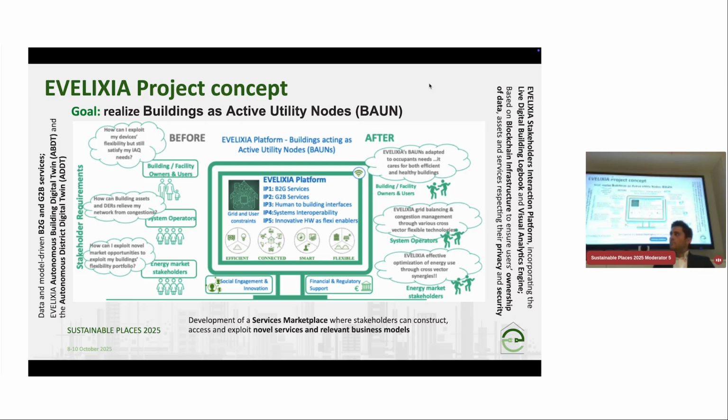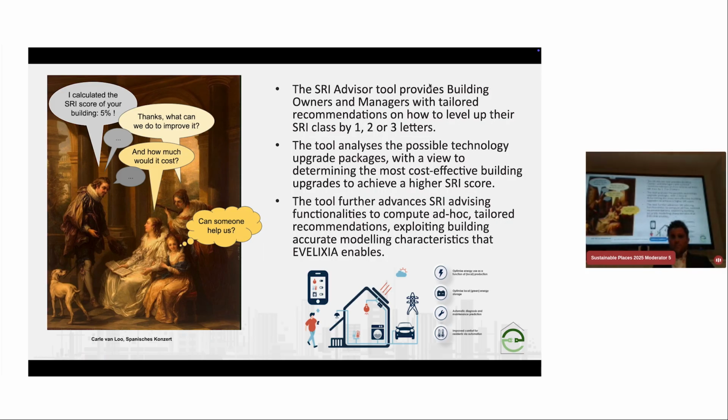You can see here a schema showing a lot of information, but basically we have to develop a platform and innovative services, both hardware and software. There are more than 29 innovative services which are planned to be developed. One of these innovative services is the SRI Advisor tool.